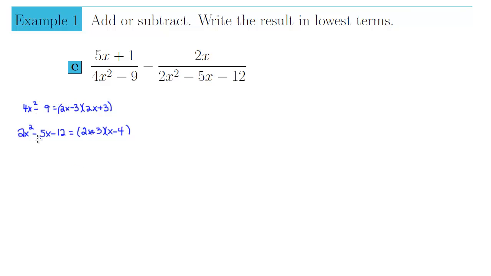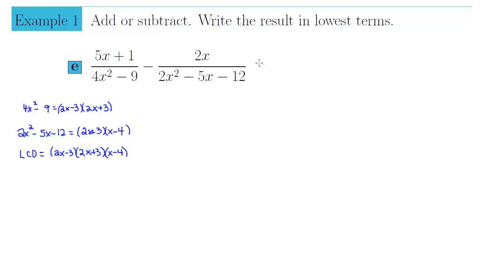So we've now factored both of our denominators. Our LCD consists of the following: one factor of 2x minus 3, one factor of 2x plus 3, which actually appears in both of our denominators, and one factor of x minus 4. So our least common denominator is 2x minus 3 times 2x plus 3 times x minus 4.